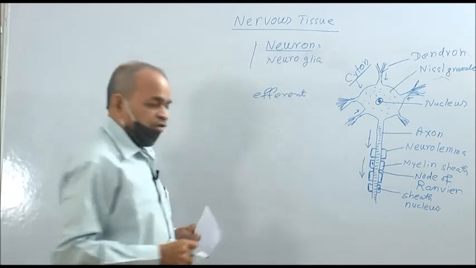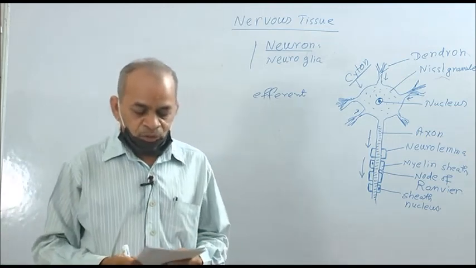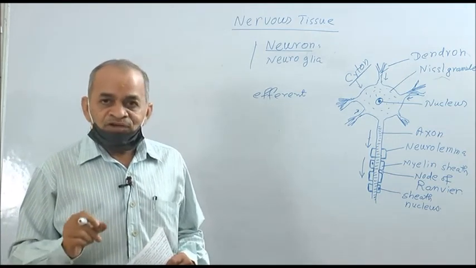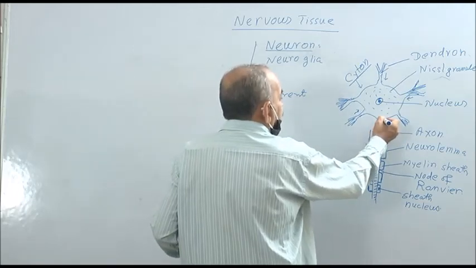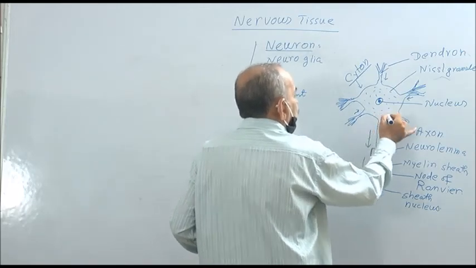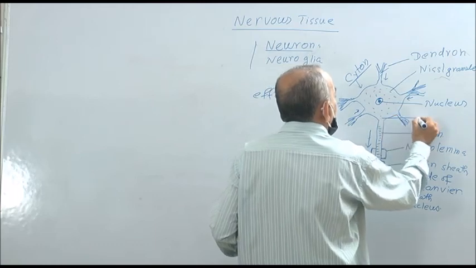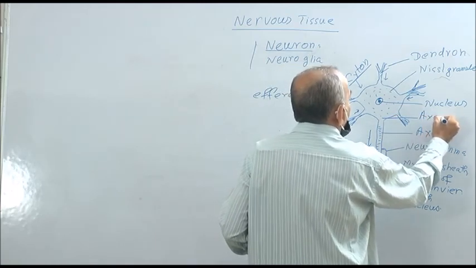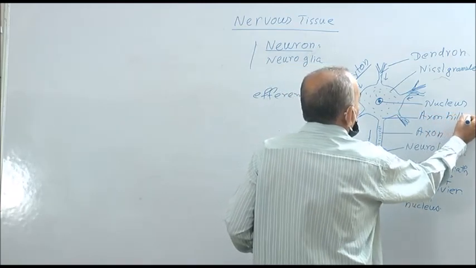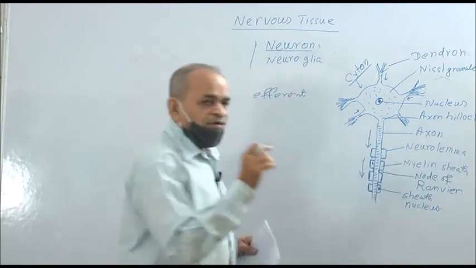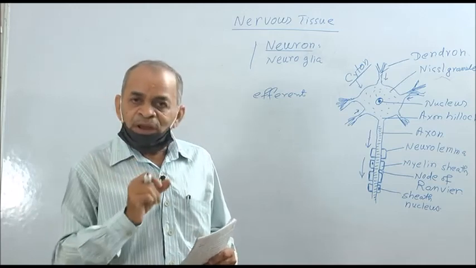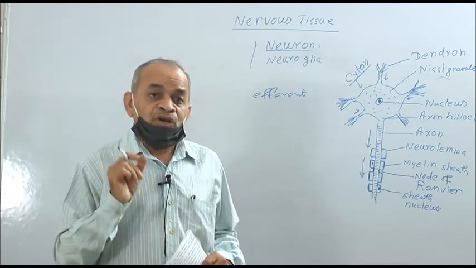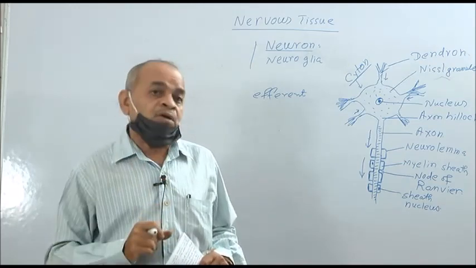So, efferent process, it carries impulses away from the nerve cell, arises from the axon hillock. This region is known as the axon hillock. Its number is single but constant.